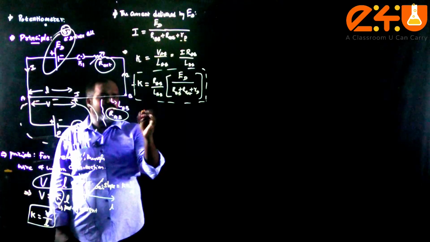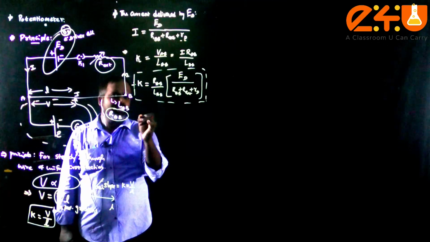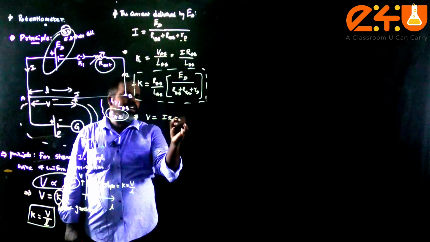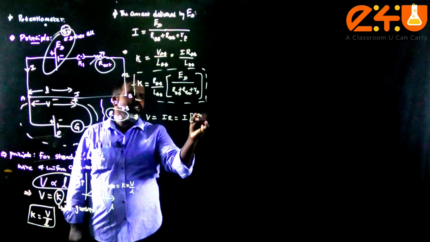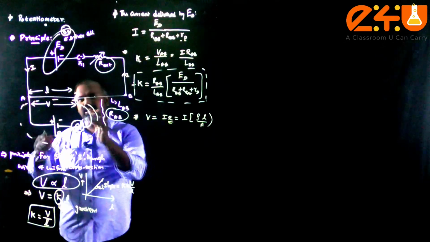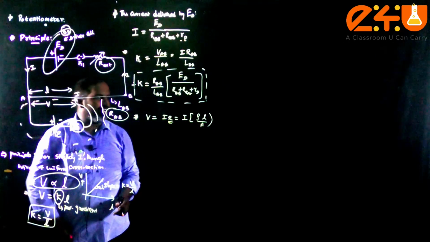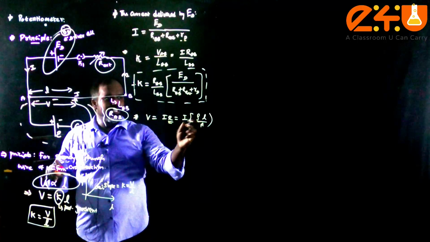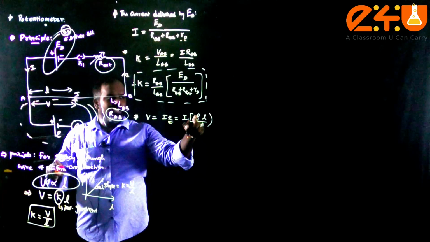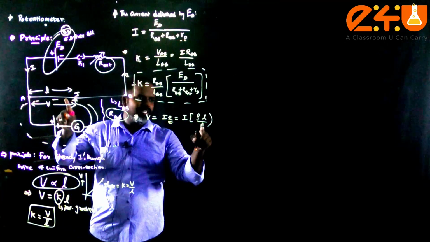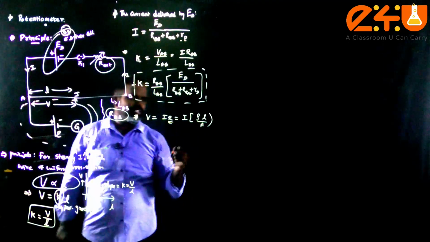The other one is, as we said just now, V is equal to I into R, that is equal to I into rho L by A, where R means the resistance offered by the portion of the wire. For steady current, I will be constant. For a given wire of one material, rho, the resistivity, will be constant, and for a uniform wire A will be constant.